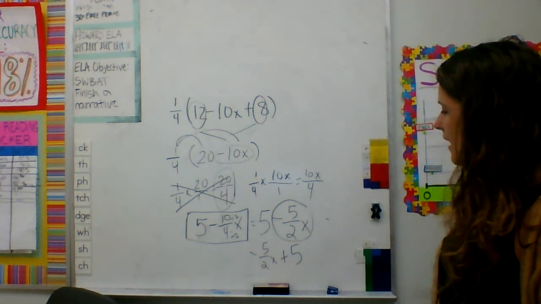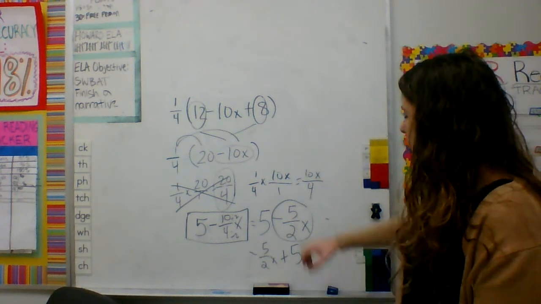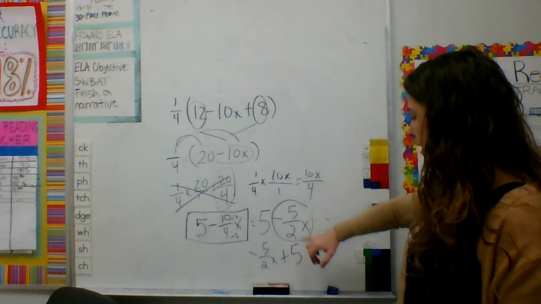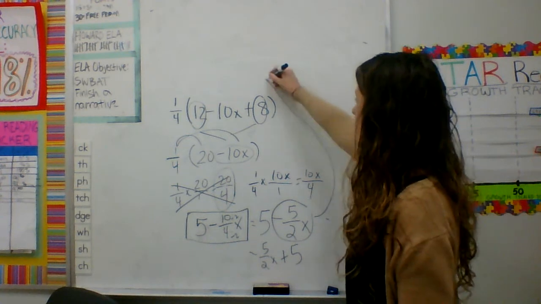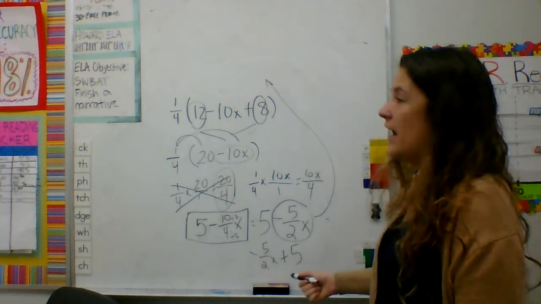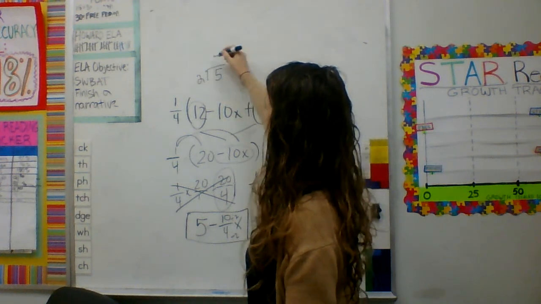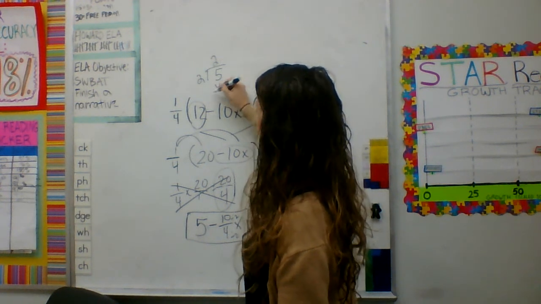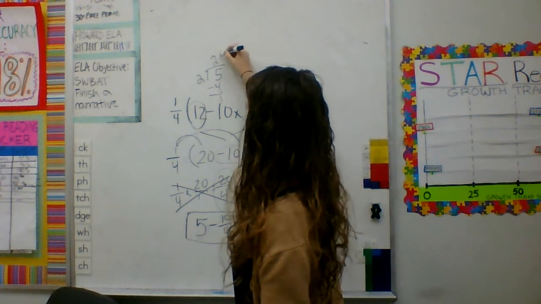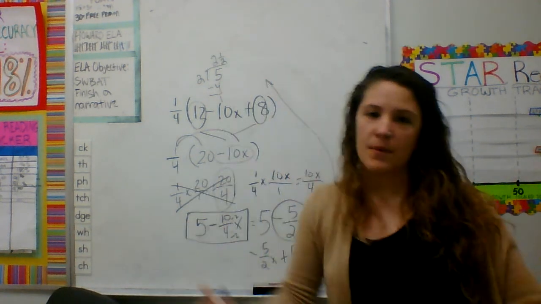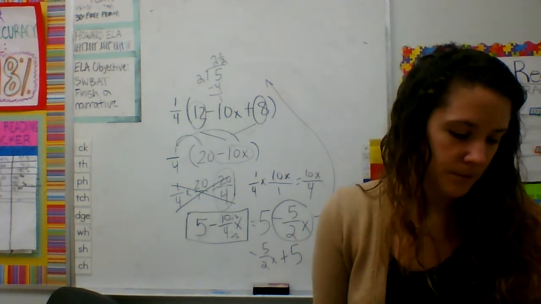And then the last thing I want to try is to see if I can do something with this improper fraction. So I'm just going to move my work up here. 5 over 2, that's top in, bottom out. 2 goes into 5 2 times. And I'm changing this improper fraction to a mixed number because I saw a mixed number as one of my answer choices.